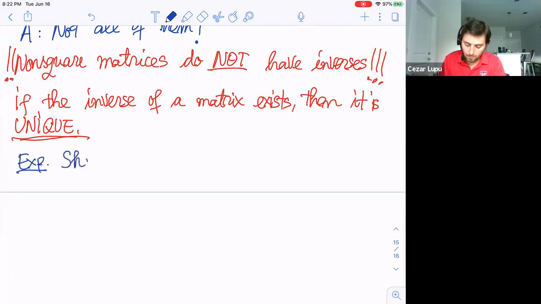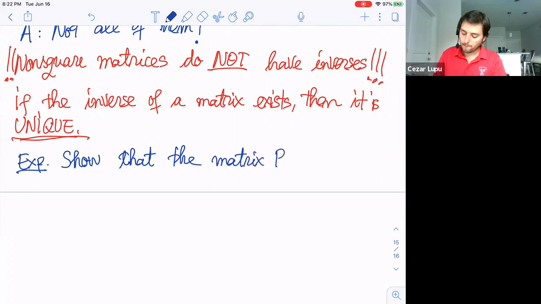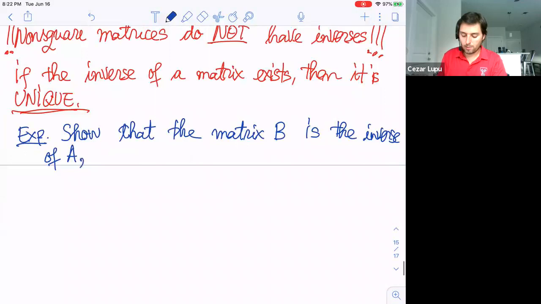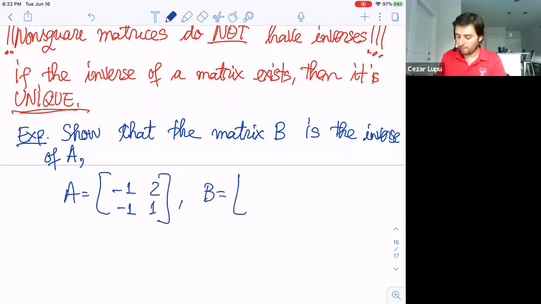Show that the matrix B is the inverse of A. And here we have A and B. So I'm going to take just 2 by 2 matrices. A is -1, 2, -1, 1. And B is 1, -2, 1, -1.